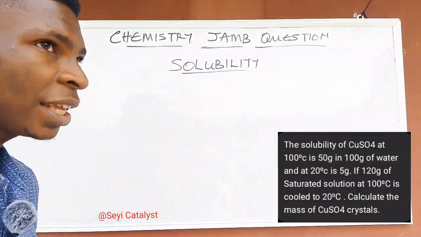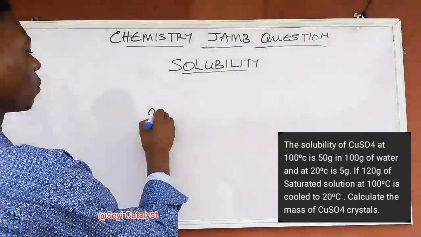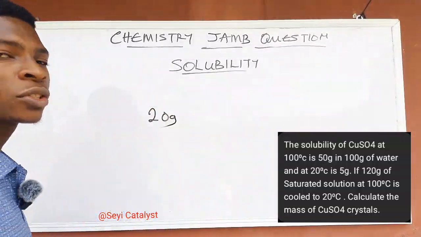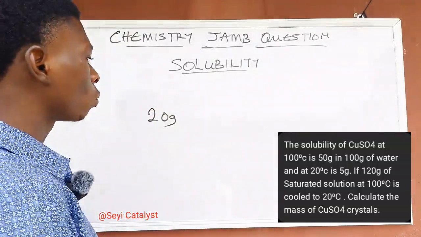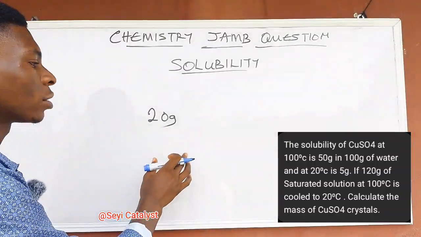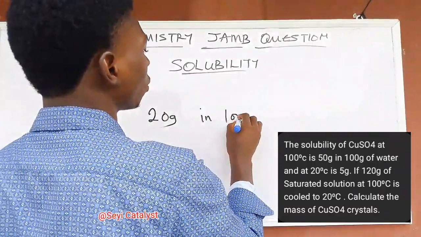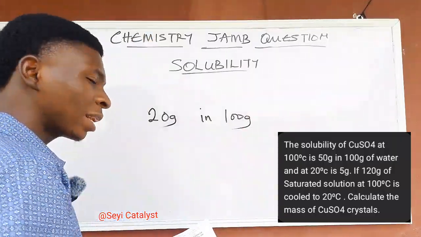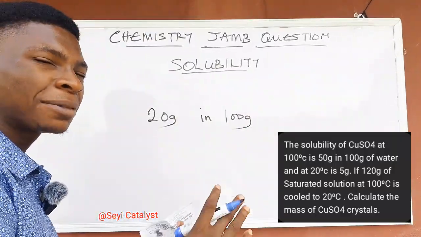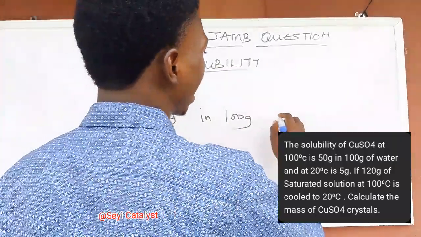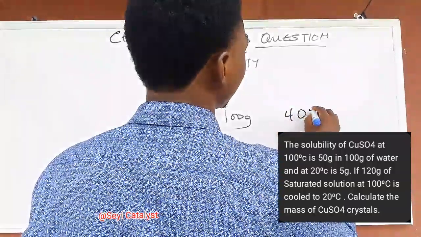So now, if I have 20 gram of common salt, the salt you use at home. If I dissolve this 20 gram of salt in, let's say, 100 gram of water, number one, there must be a specific temperature, let's say at 40 degrees centigrade.